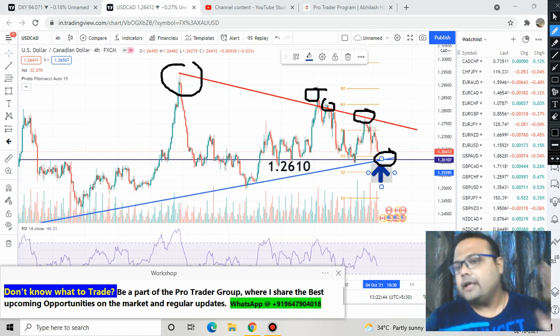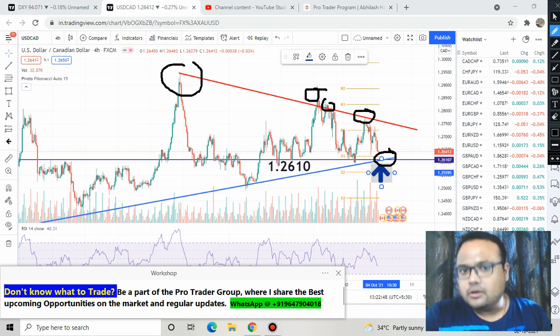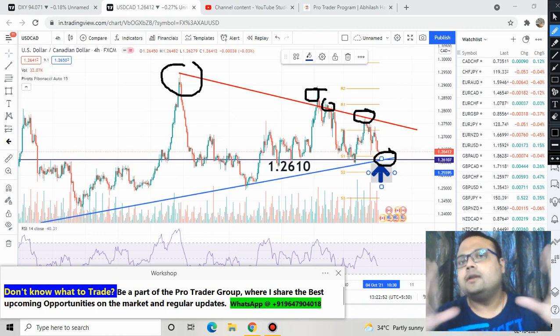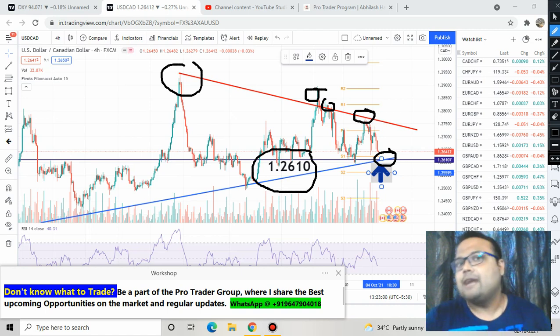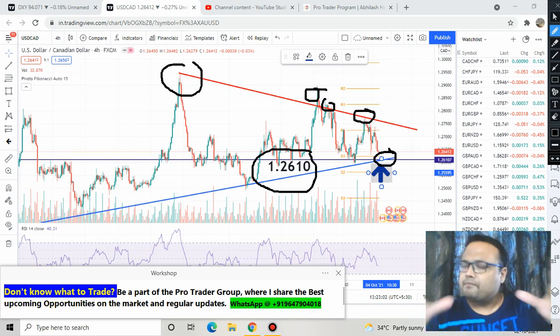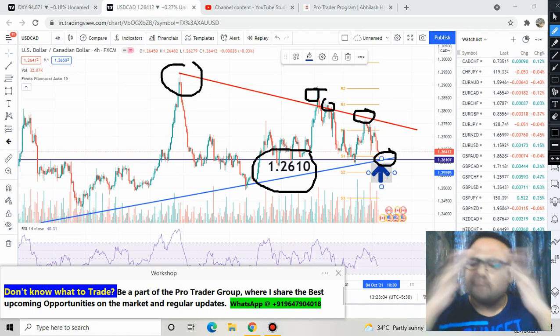And one more thing, whenever you find the market testing a level too much, the particular level weakens, it loses its strength. The market has been testing the 1.2610 level for quite some time, which makes the level quite doubtful for us.